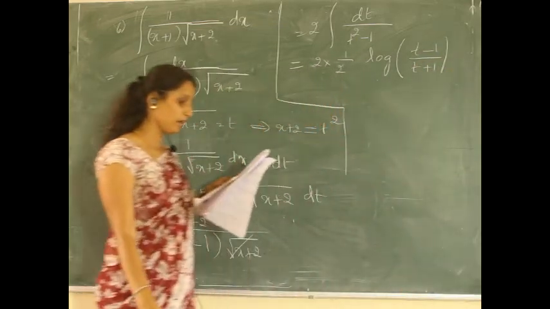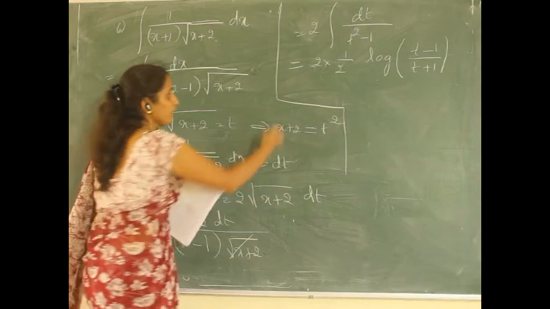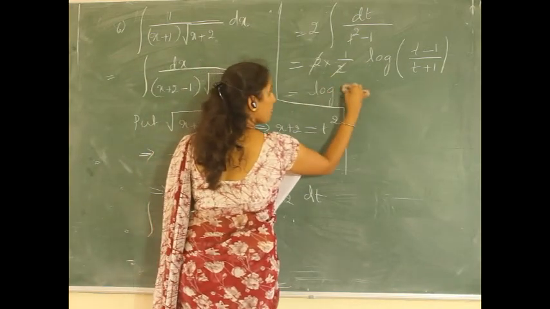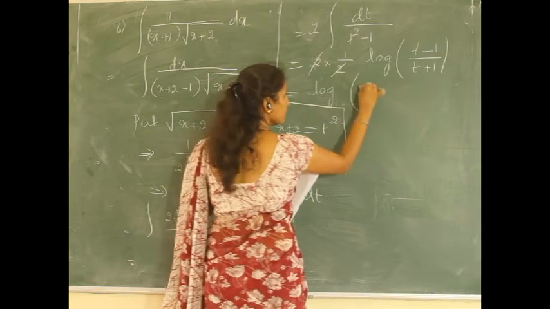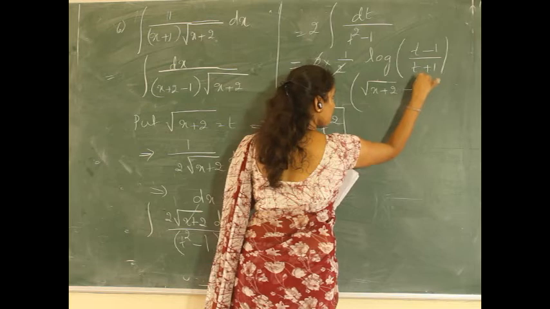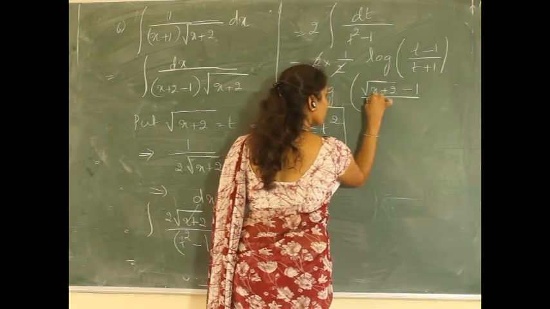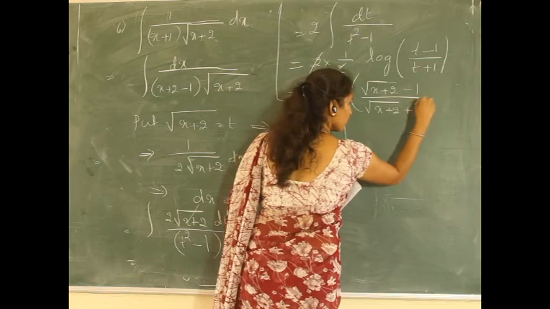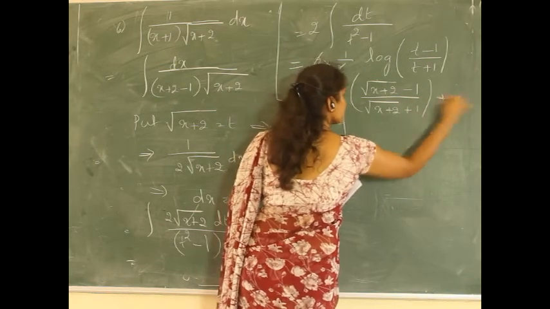Again resubstitute, and the 2 can be cancelled. We get log of (root x plus 2 minus 1) divided by (root x plus 2 plus 1) plus c.